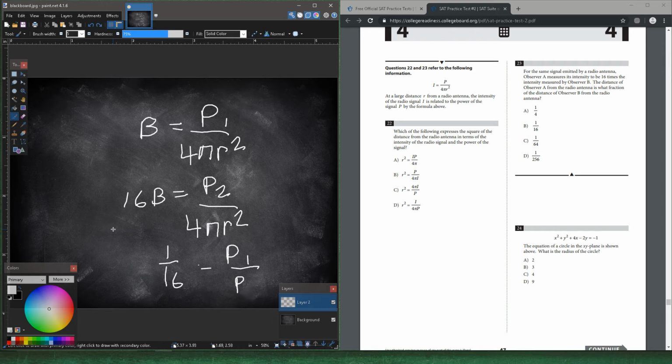Actually, oops, I'm sorry. We're looking for R. So this P1 and P2 are exactly the same, so it's R1 and R2. So you divide them together.